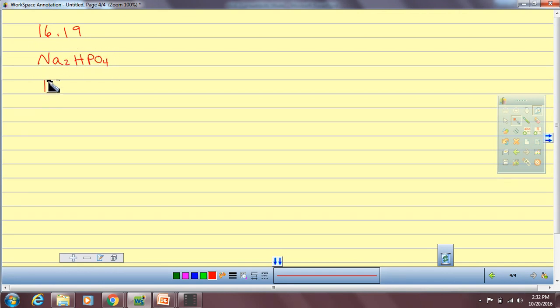If we take our HPO4 with a 2 minus charge, and dissociate it, we get hydrogen ion and phosphate ion.